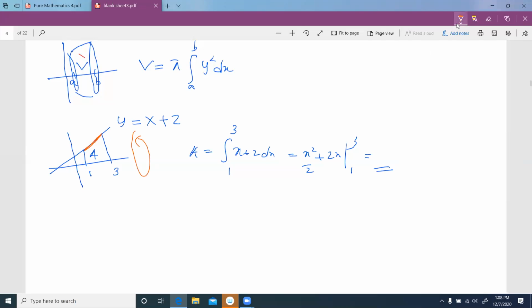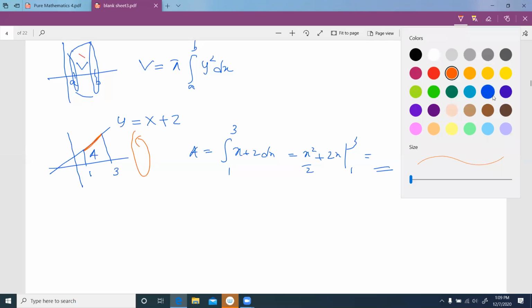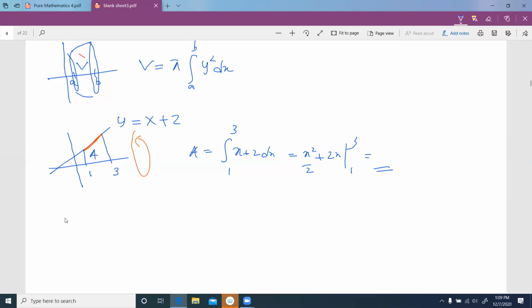If you rotate like this, what kind of shape do you see? It's a volumetric shape, just like a cup. I'm integrating from 1 to 3.